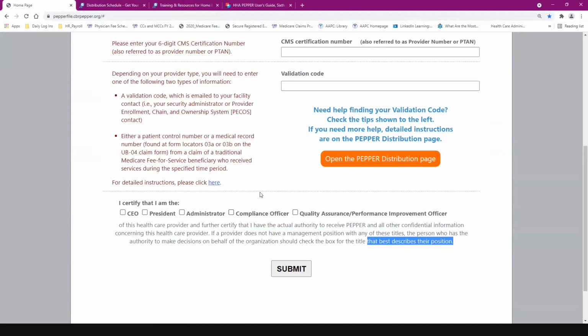So I don't want anyone to halt their access process when they see this. If you have the authority through your HHA to download this PEPPER, you've been asked to do so, you have that authority internally, but you do not hold one of these titles that's listed here, as the instructions say, just click on the title that best matches your title. So don't let that stop you from downloading your PEPPER.